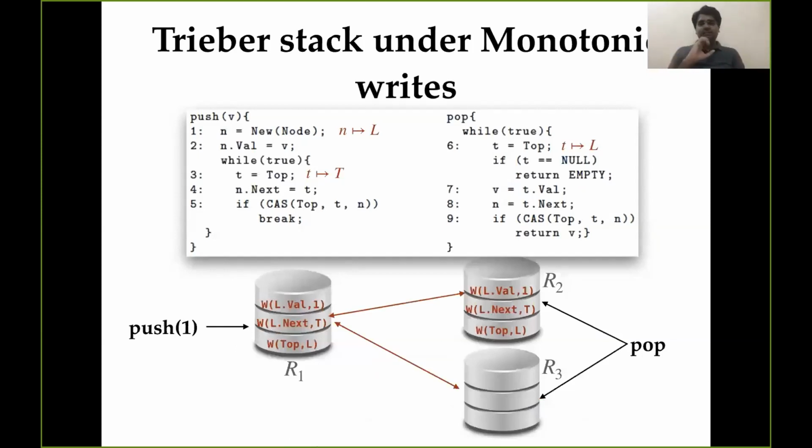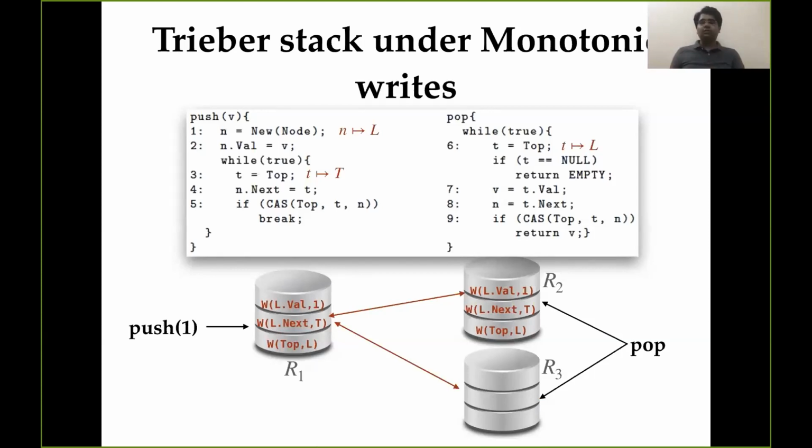However, let's consider another execution under monotonic writes, which involves three replicas. Here, as before, the push 1 operation is performed in replica R1, but the pop operation changes its replica during its execution from R2 to R3. Furthermore, all the updates from replica R1 have reached replica R2, but none of them have reached replica R3. This again obeys monotonic writes.